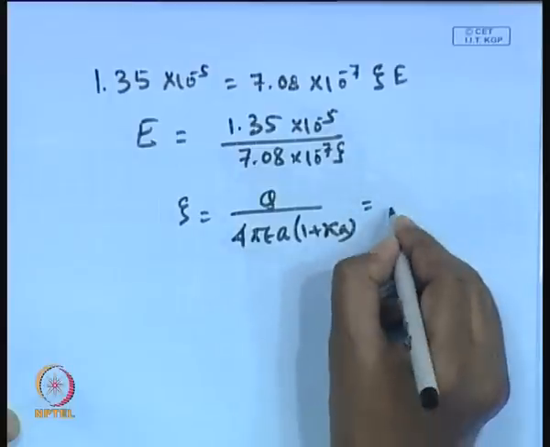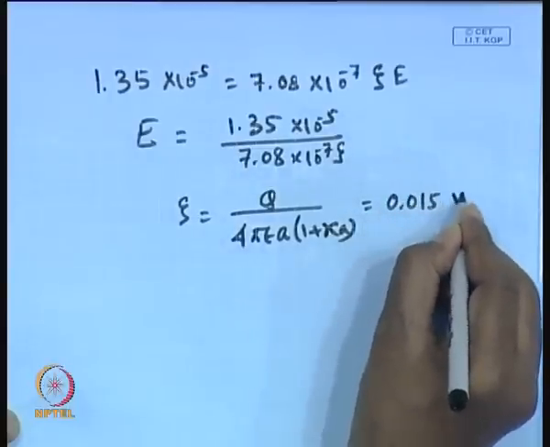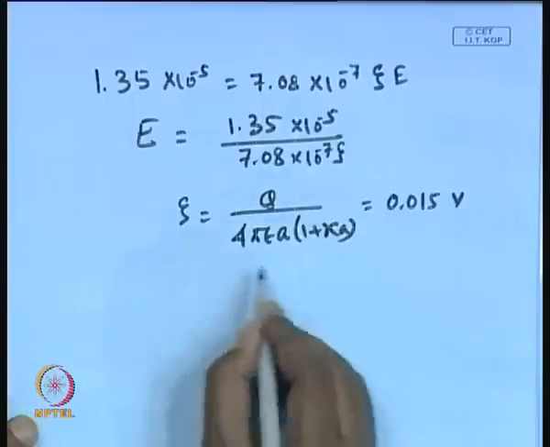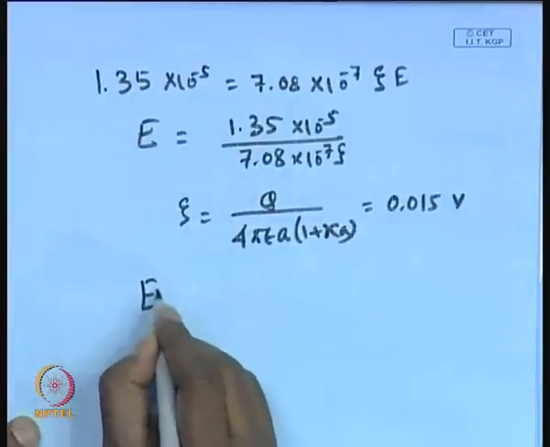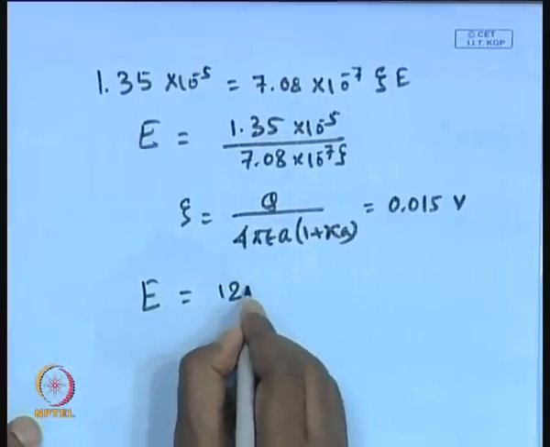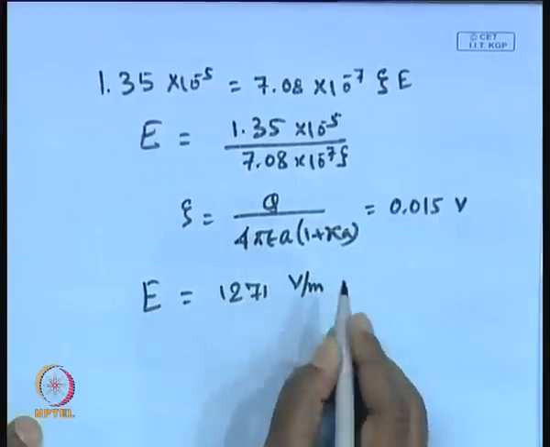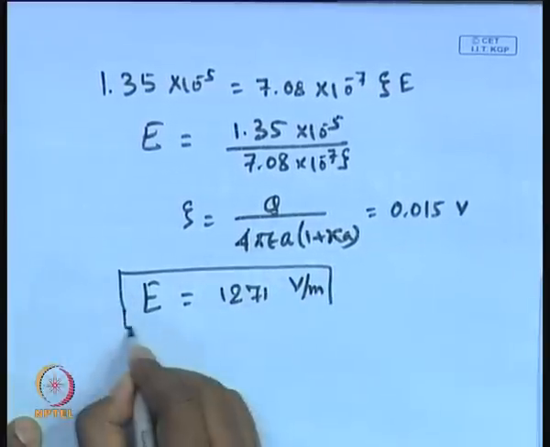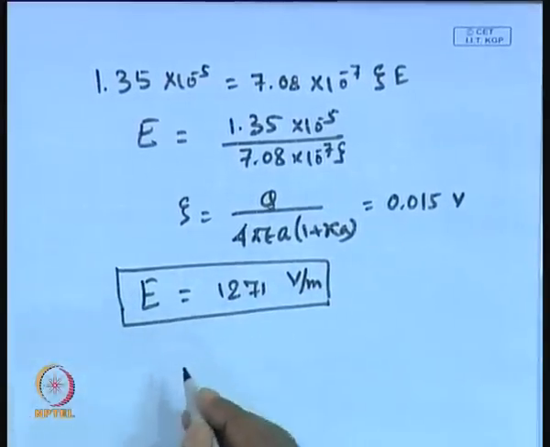So, it will turn out to be 0.015 volt or 15 millivolt. Now, if you put this value here, the electric field strength turns out to be 1271 volt per meter. So, you require an external electric field strength of around 1270 volt per meter for protein B in order to obtain the same flux as in part 2.